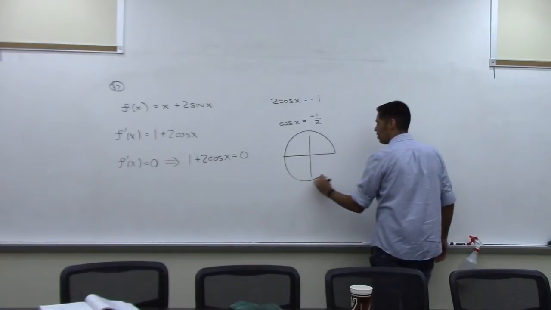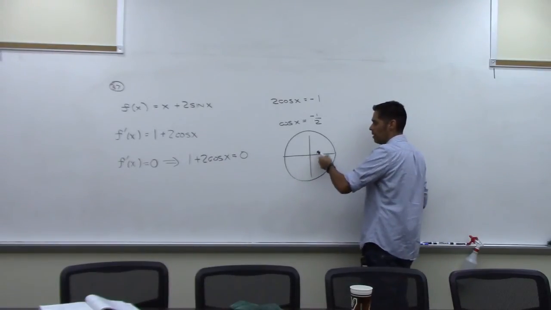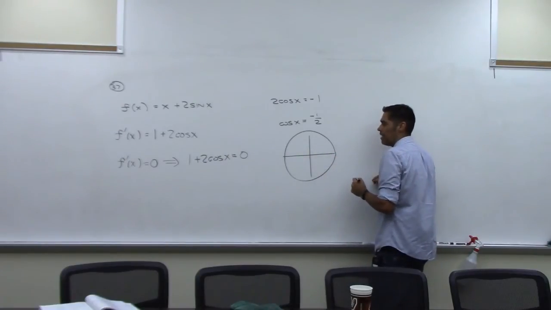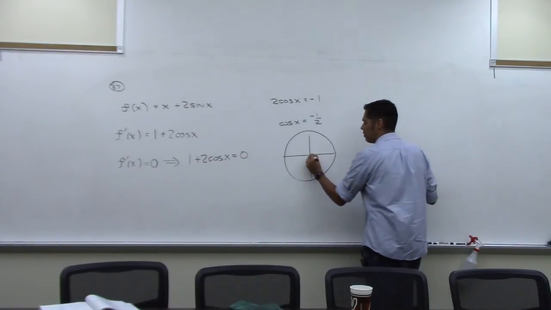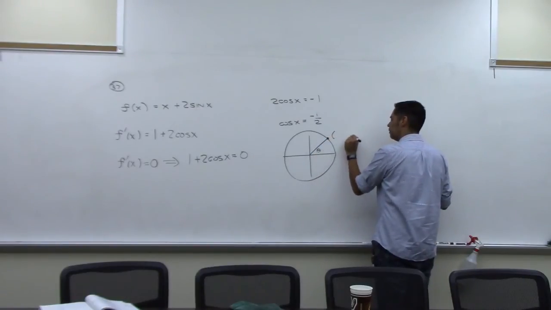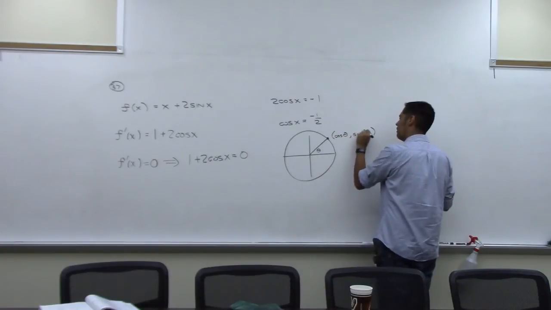I just remember that if someone gives me an angle, the x-coordinate at that angle is the cosine of the angle. So if someone gives me an angle theta, then this point right here is cosine theta, sine theta.